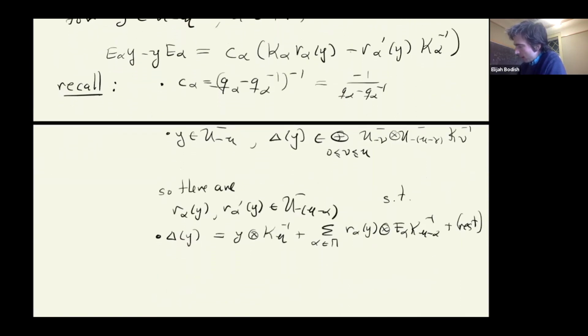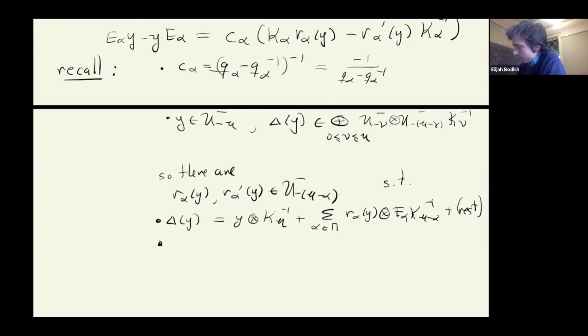And I also have that delta of y is, I can write this as 1 tensor y plus the sum over simple roots.